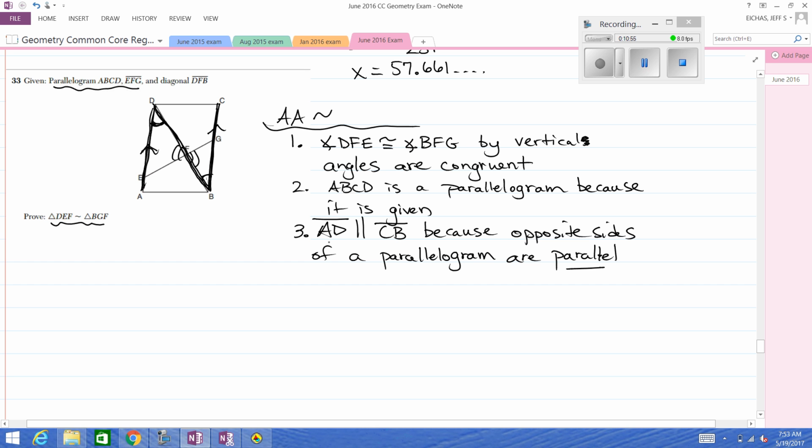Make sure this coordinates with what you're saying, right? There's other properties of opposite sides of a parallelogram, but we need the parallel. So now we're going to go with angle EDF. Angle EDF is congruent to angle GBF by alternate interior angles theorem.